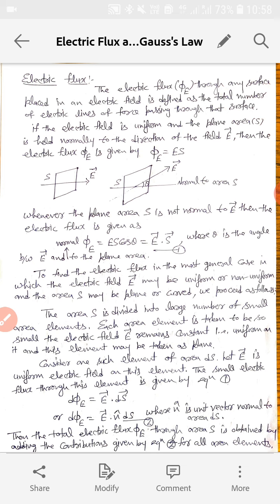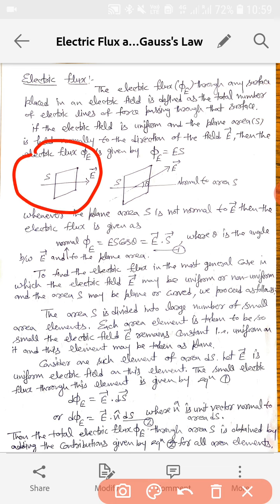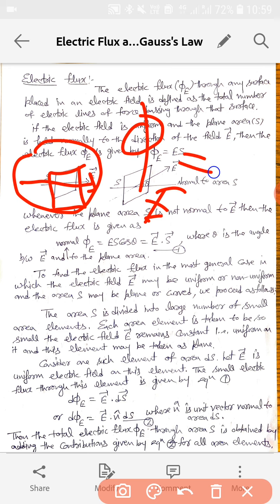Okay, if the electric field is uniform and the plane surface area S is held normal to the direction of the electric field E, like we have in this figure, where the electric field is held normal to the surface, then the electric flux phi E will be nothing but simply E into S.